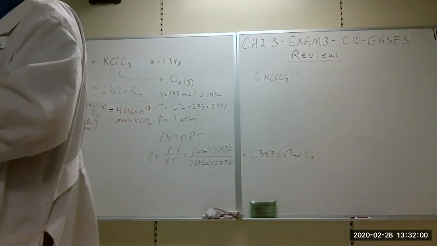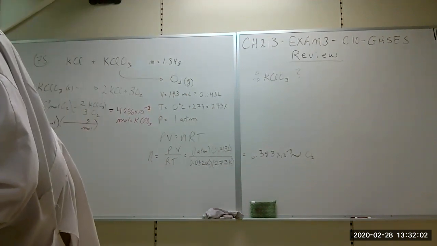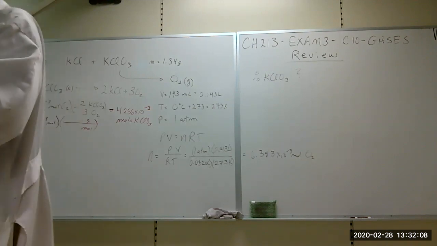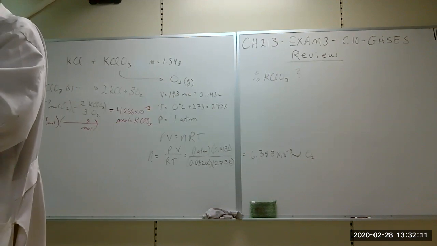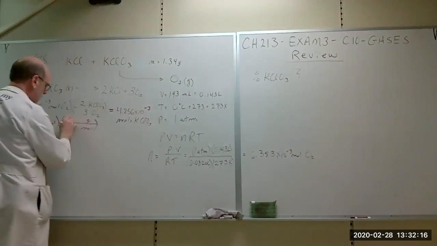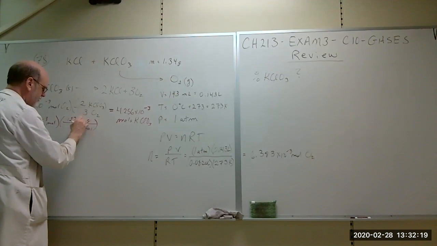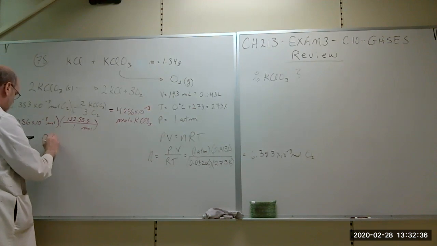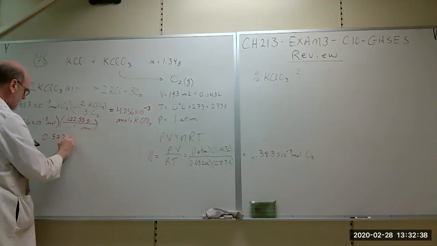Chlorine is 35.45, I think. And then we have 3 oxygens. So 16, 3 times. So I get 122.55. Multiply that times this, and that gives us the mass of potassium chlorate. I get 0.522 grams.